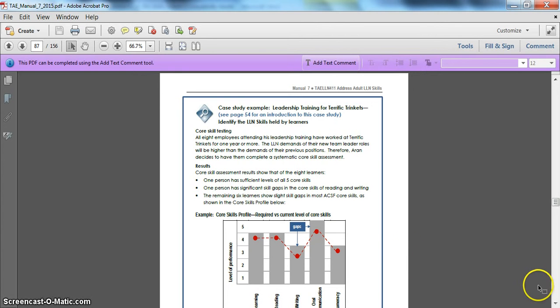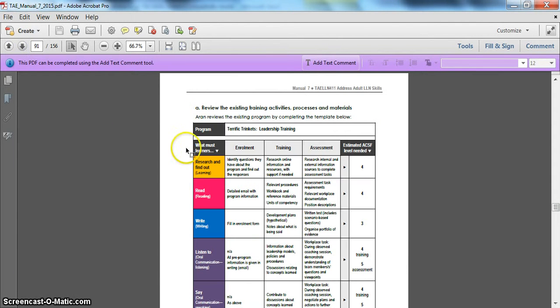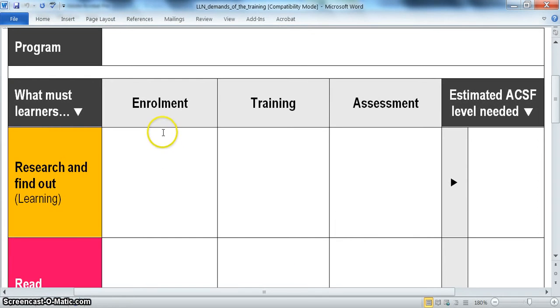The last concept that we look at in this comparative profile is the expectations of our training overall. What do we expect our people to demonstrate, do, or perform during the enrolment process? How do they get into our training? And we identify the activities that they're required to do on this particular form. We identify what activities do they have to do to find out about our training and to get enrolled.